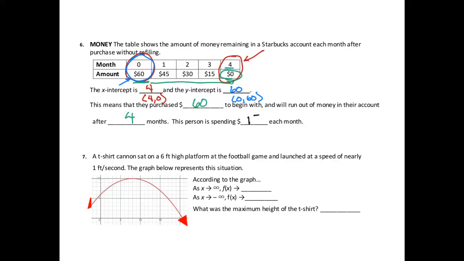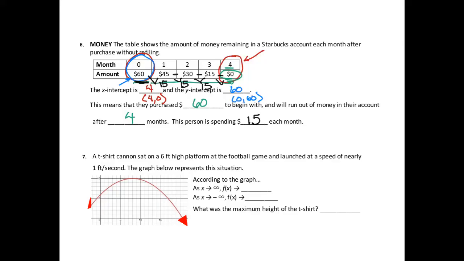Now, that one might not be quite as obvious, but when you first put some money on the card, you have 60, and by the next month you only have 45. 60 minus 45 gives you 15. And 45 minus 30 gives you 15. And 30 minus 15 gives you 15. Okay? So that's 15 each month.